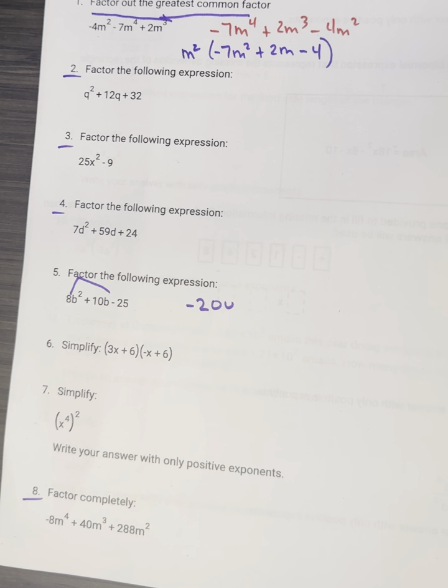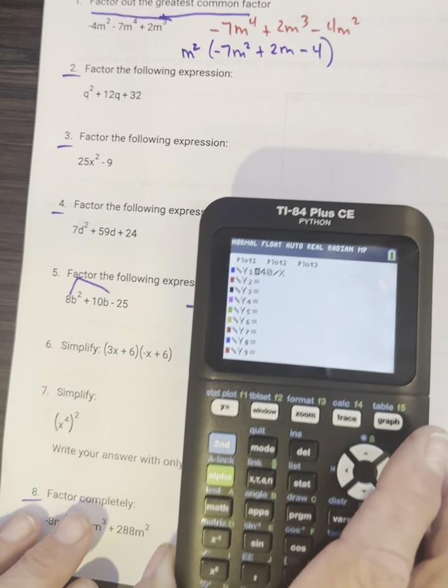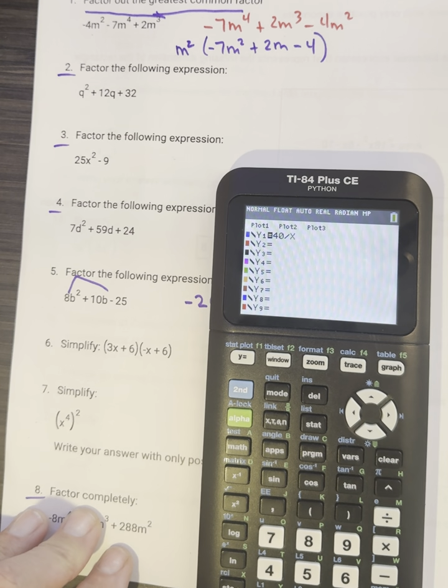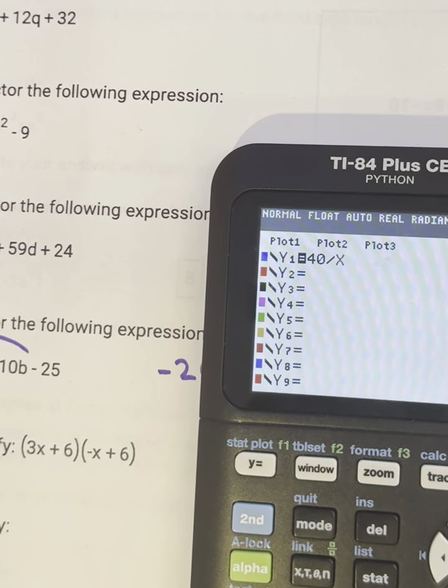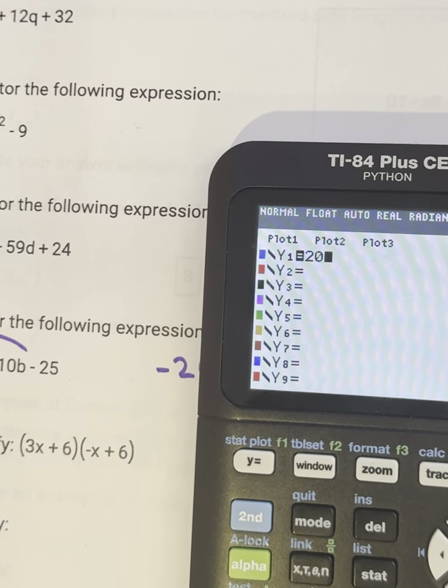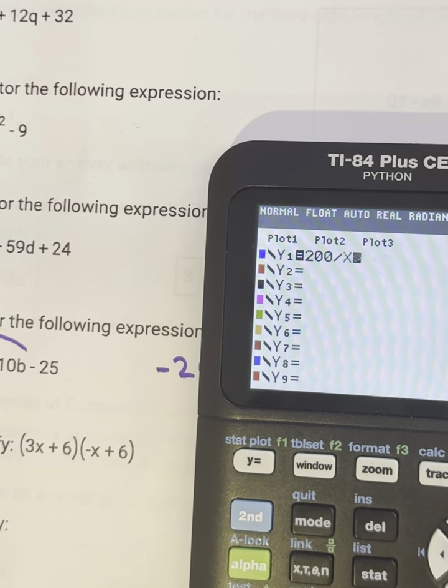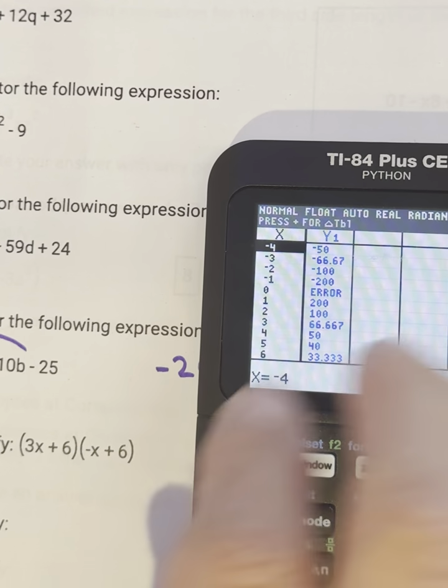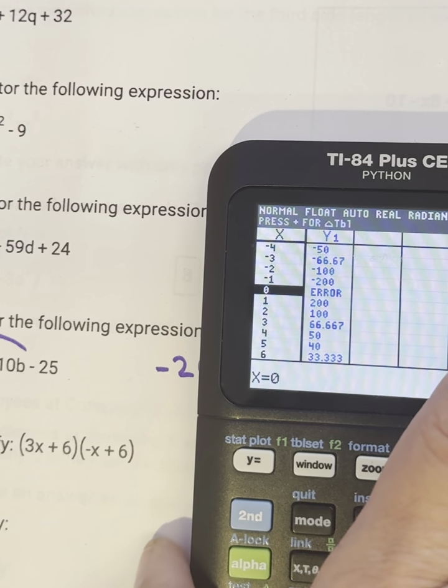So y equals -200. And actually leave off the fact that it's negative. So y equals 200 divided by x. And this will show all the numbers that multiply to equal 200.